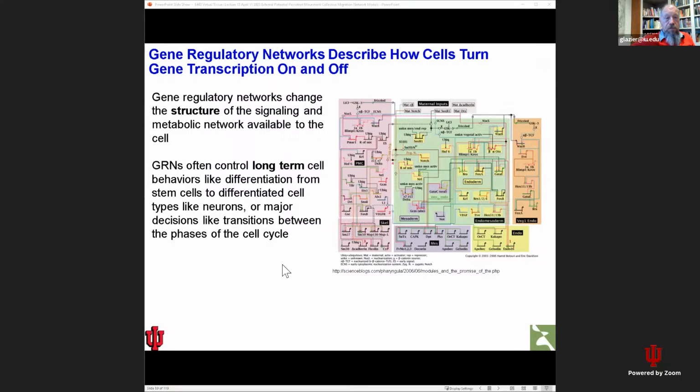Gene regulatory networks often control long-time behaviors like cell differentiation or transition between a cell cycling and non-cycling. Again, there's a little bit of under the hood magic here, because things like cell differentiation can be initiated by gene regulatory networks, but can't be maintained by them. We're not going to go into that in this class.